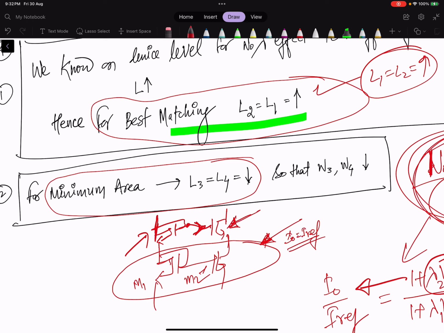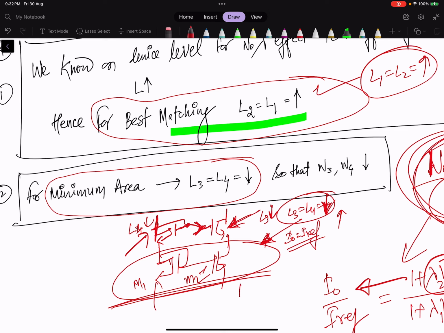then we can make this L low, both L4 and L3 we can make low. If we make it high, there will be no issue. If length is made low, then also there is no issue.